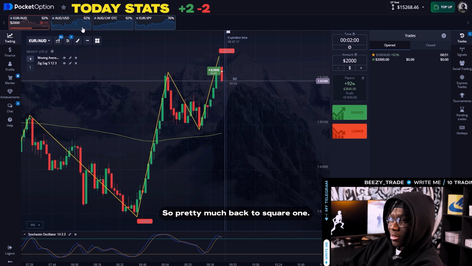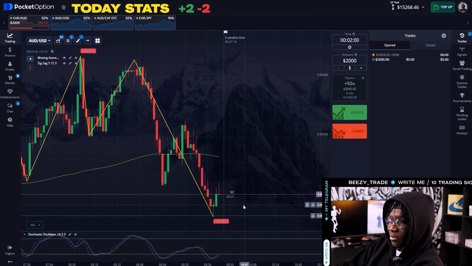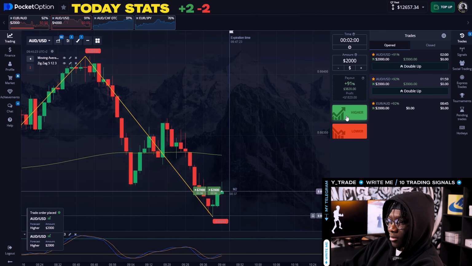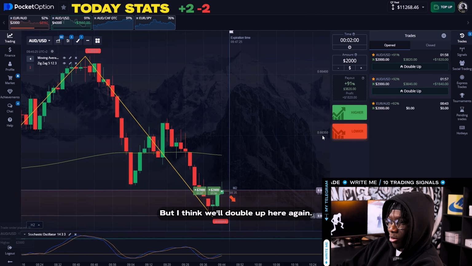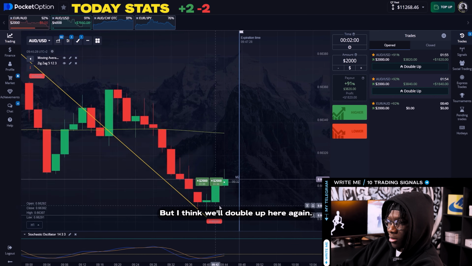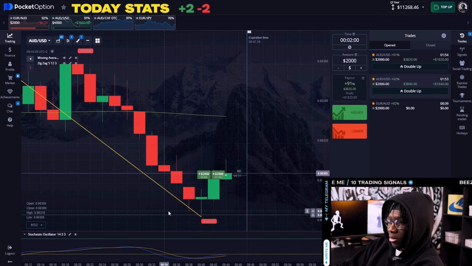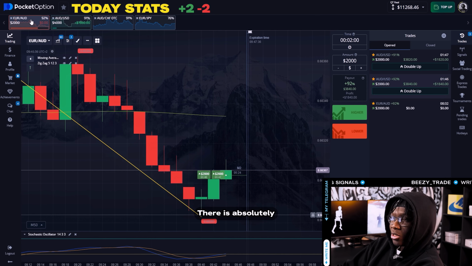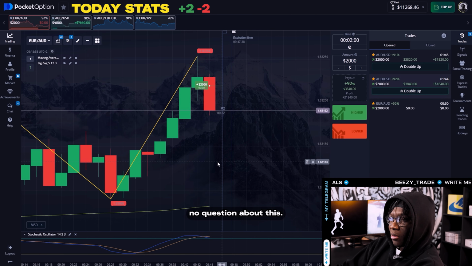So pretty much back to square one. But I think we'll double up here again. Because most definitely we're sure that the market is going upwards. There is absolutely no question about this.